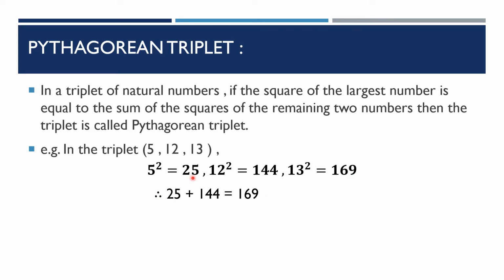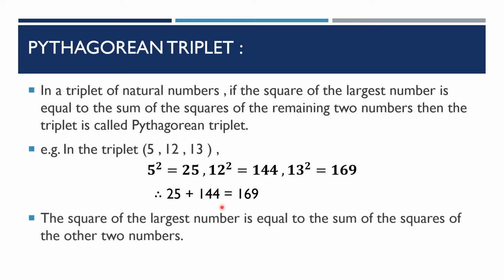Now we add these two squares, 25 plus 144, and we get the answer 169. Now look here, the sum of the squares of the smaller numbers is equal to the square of the largest number, and therefore these three numbers are the numbers of Pythagorean triplet. Hence 5, 12, 13 is the Pythagorean triplet.